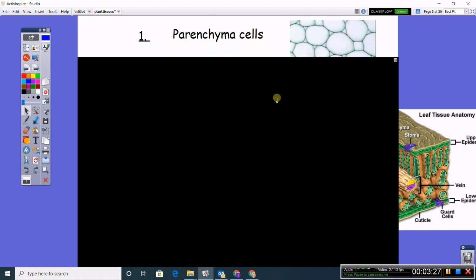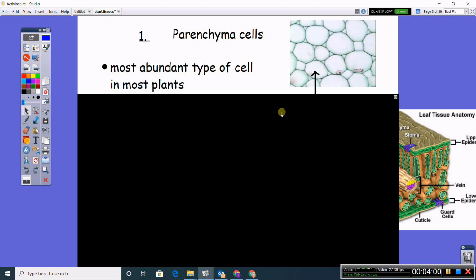So in order to fill this in, you've got to find your long sheet, your 11 by 17 sheet that has plant cells on one side and plant tissues on the other. So find box number 1. Let me find my long sheet as you're finding your long sheet. Okay, find box number 1. That's going to be in the upper left. That's your parenchyma cells.